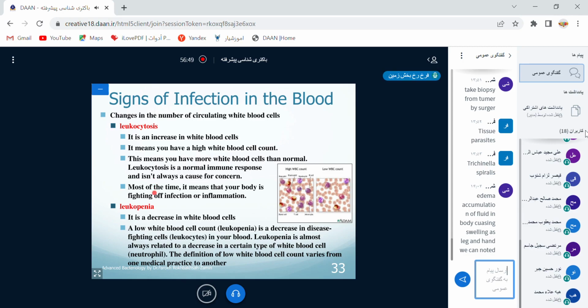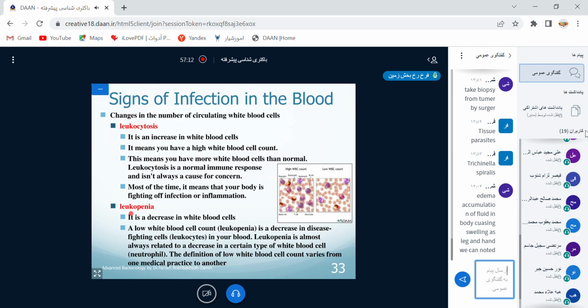Most of the time, it means that your body is fighting off infection. Sometimes this large number of white blood cells shows maybe infection or inflammation finished.